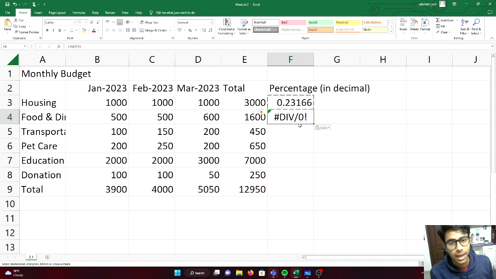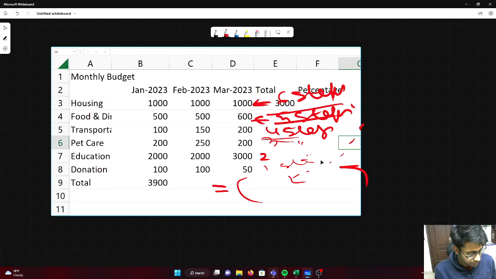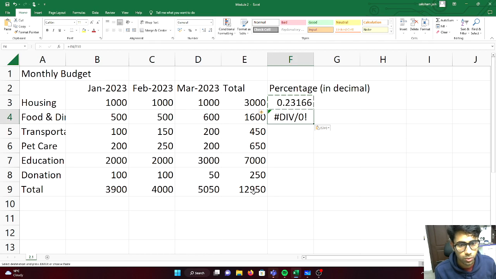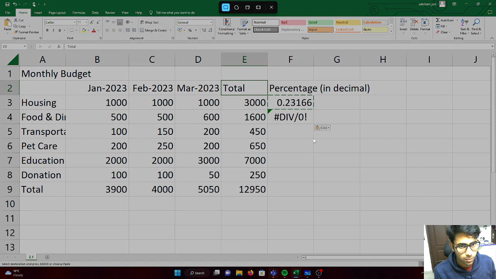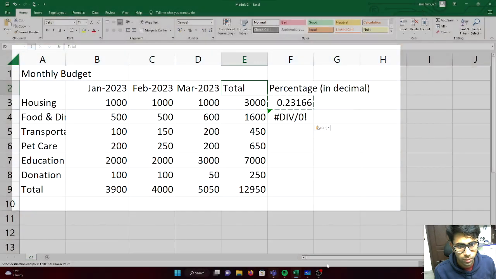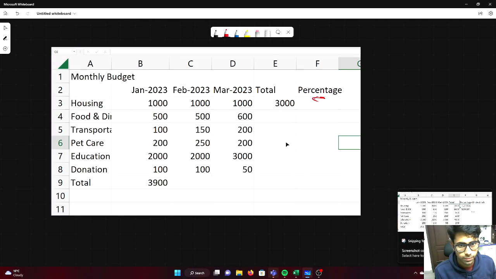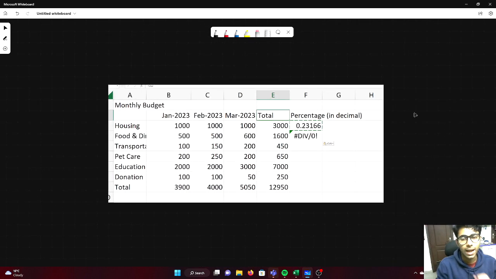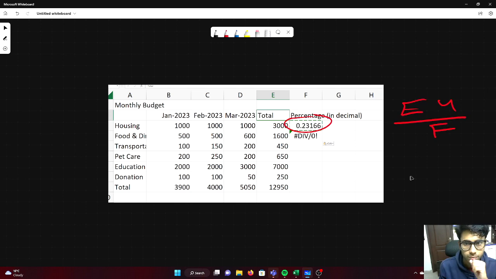Alright. Now if I copy the relative cell reference formula from here by pressing Ctrl C and then pasting it here, Ctrl V, I'm getting this error. So what is actually happening is that in order to calculate this, I wrote E4 divided by E9.